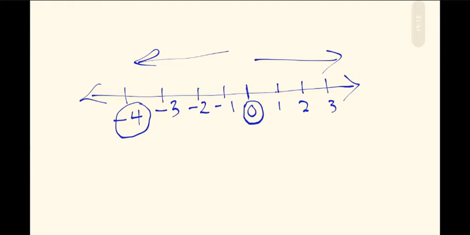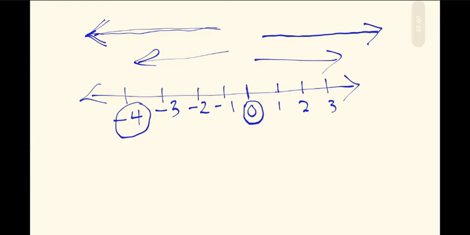So the further to the right a number lies on the number line, moving away to the right, the further we go, the number increases. And then the further left we go on the number line, the smaller the number becomes.